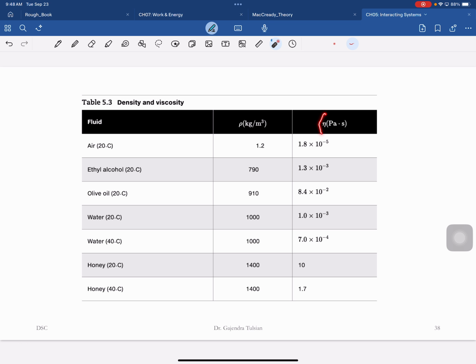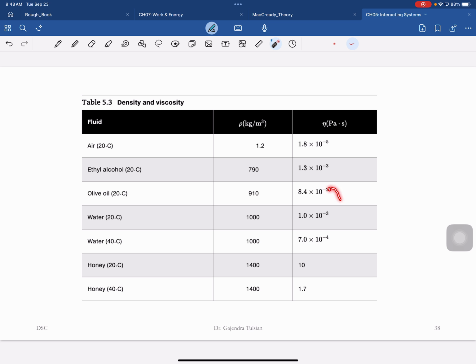So here's the viscosity of the fluid. It tells you how much friction there is. It's related to the friction in the fluid. You can see that for water, the viscosity in SI units is about 1,000th, and for olive oil, that's almost 10 times, that's a 10 to the minus 1.